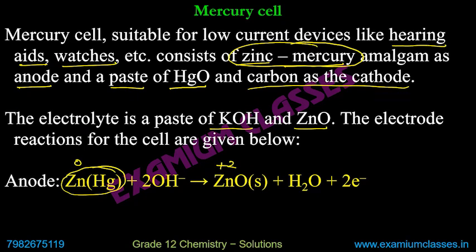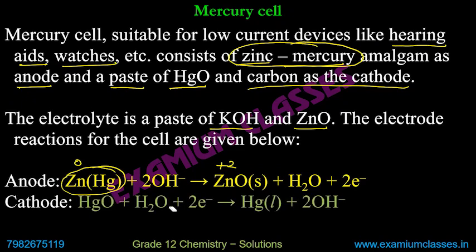This word is now being used in English just to say any mixture of anything. But amalgam, in its original meaning, is the combination of any metal with mercury. Even if you just say zinc amalgam, it means zinc and mercury. Anode reaction, memorize it.